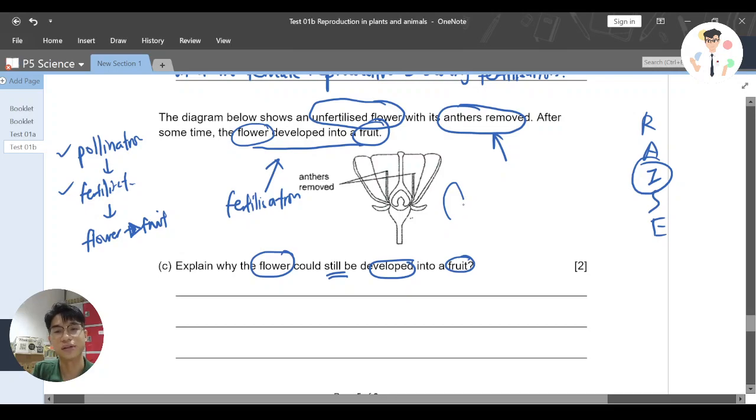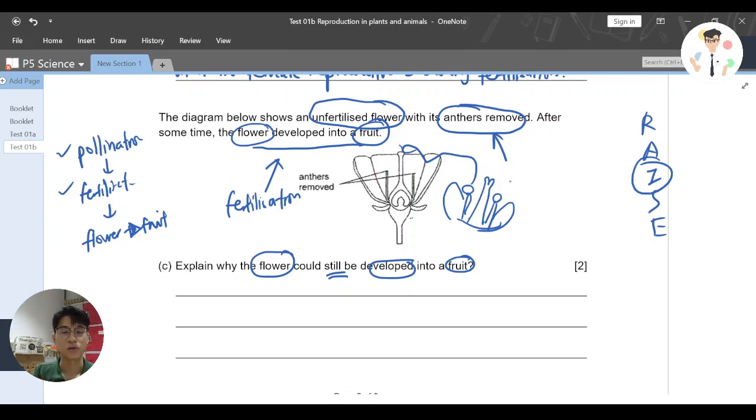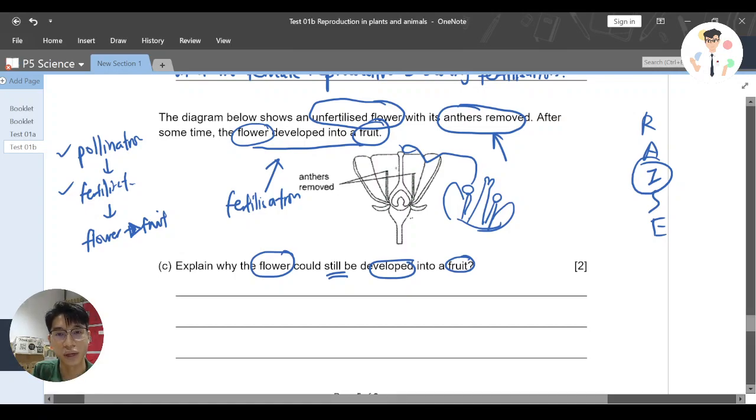So I might have the same flower, for example, this is another flower, the same flower, whose anther can travel to the stigma. Or I have another flower from a different plant of the same species that transfers. So it doesn't necessarily use its own anther.